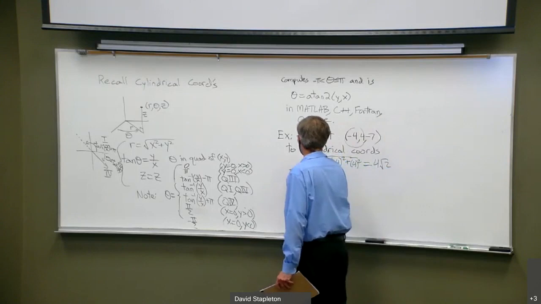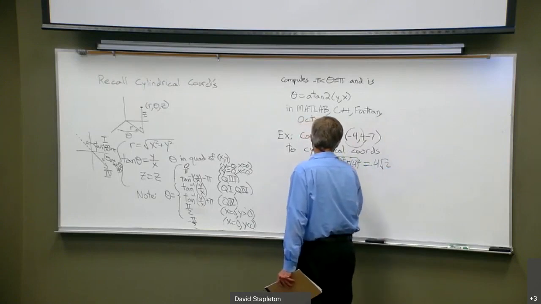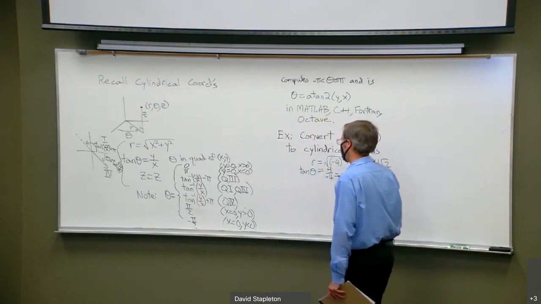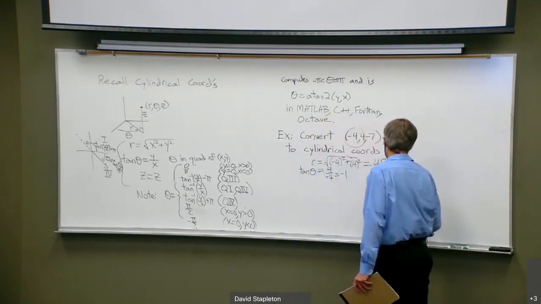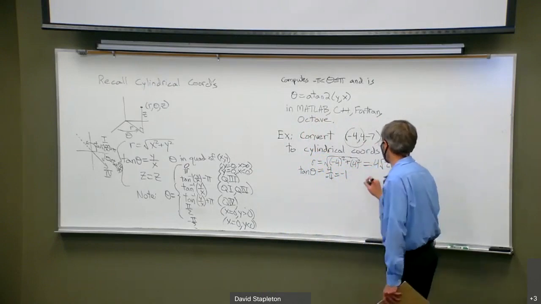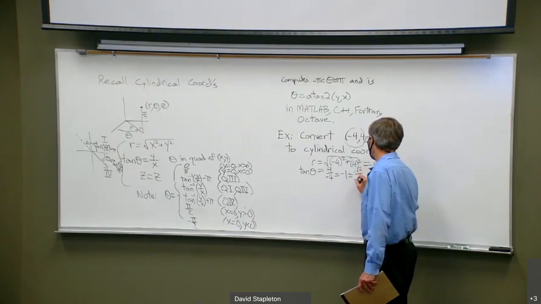Then I say tangent theta, this is the hard one, is y over x, which is 4 over minus 4, negative 1. And then I have to figure that out on the unit circle exactly where it is, right? If the tangent is negative 1, I can think of that as minus square root 2 over 2 over plus square root 2 over 2.